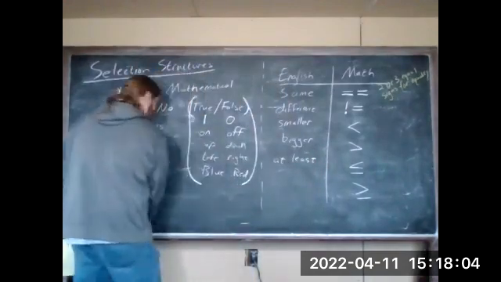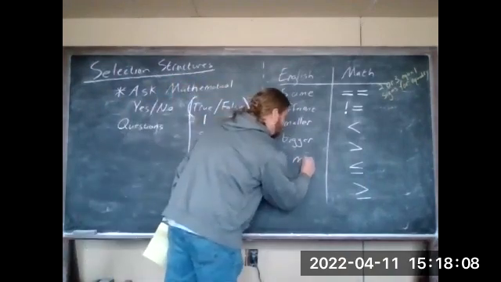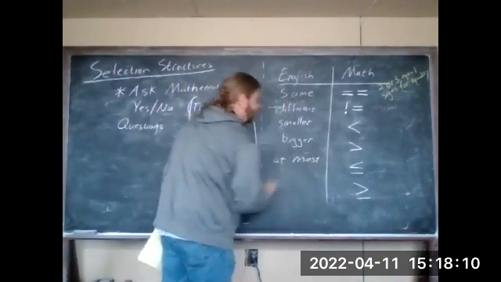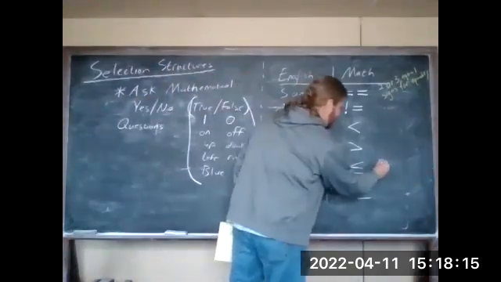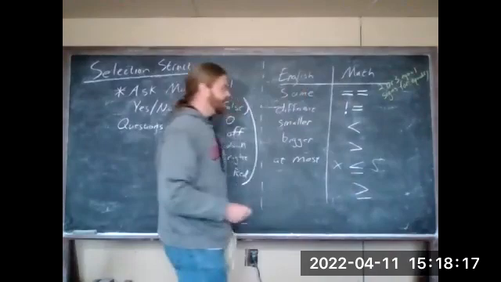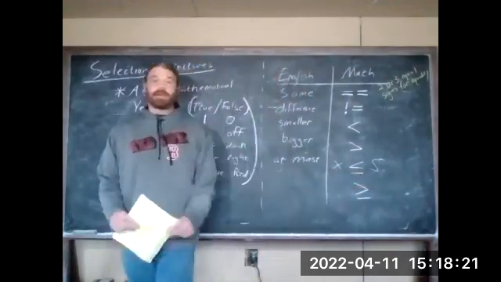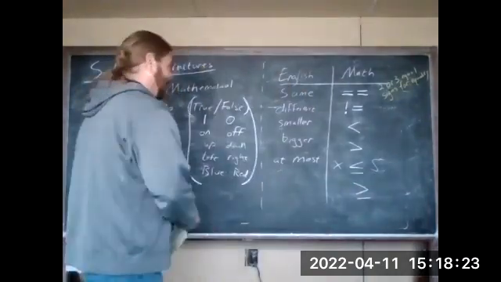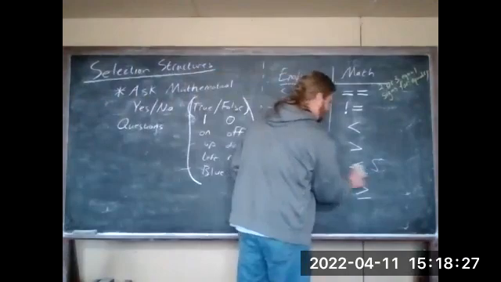Oh, whoops, that's not at least. The other one, that's at most. If I put something there, x is less than or equal to 5, that's like saying x is at most 5. The biggest number we'll ever get there would be a 5. So in normal English, we would say at most.